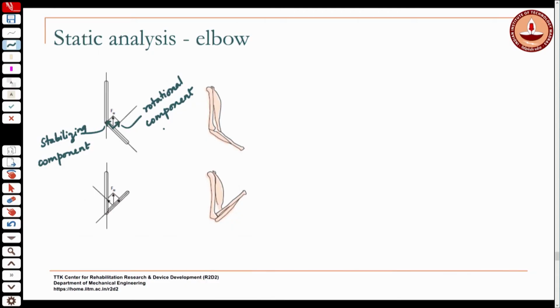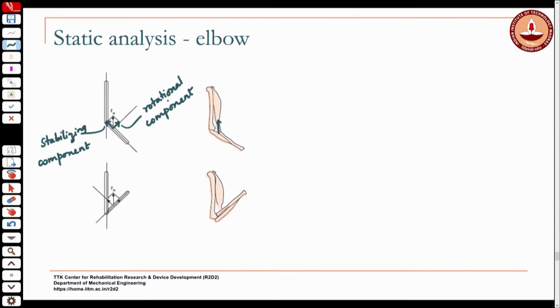But here, let us assume that this is always pulling in a vertical direction. So, the actual angle of insertion with the long axis of the forearm is changing, but you are assuming that the muscle stays vertical in your global system. So, you have this rotation.